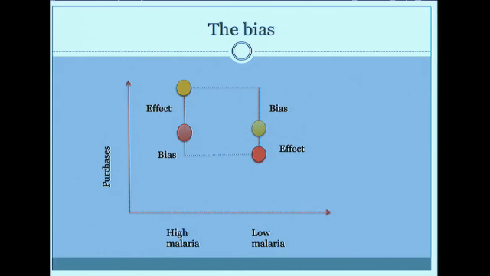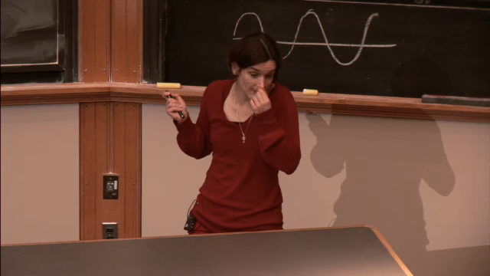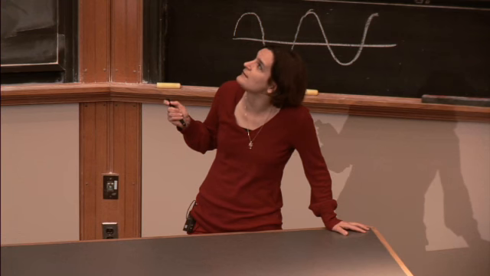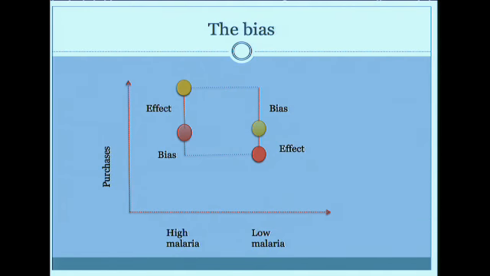And the fact that Bednets are more useful in a region where there is a lot of malaria than in a region where there is little malaria, so people are more likely to get Bednets at any price. The red dots are for the same price. At any price, people will be more likely to get Bednets in the high malaria region than the low malaria region.